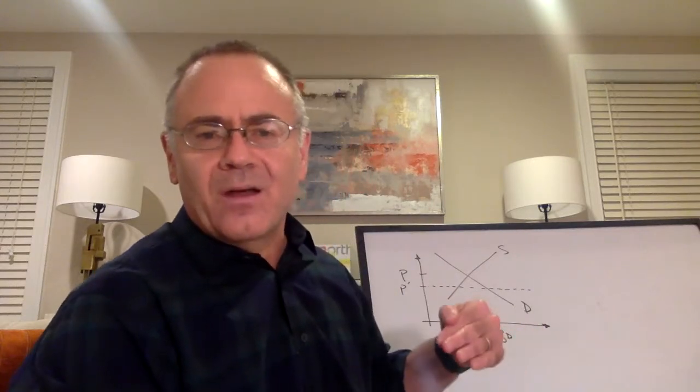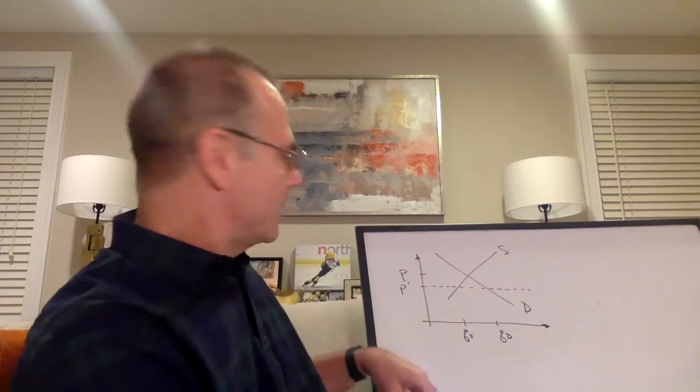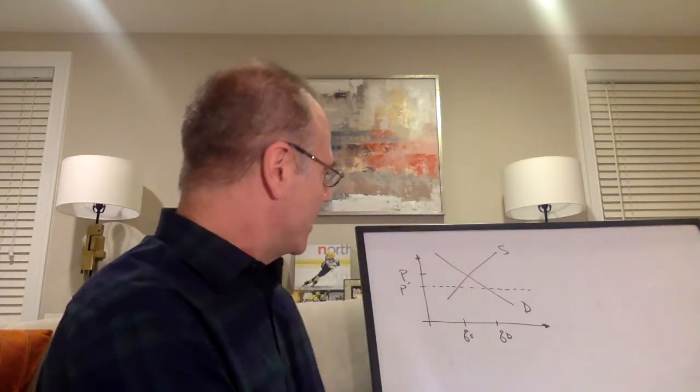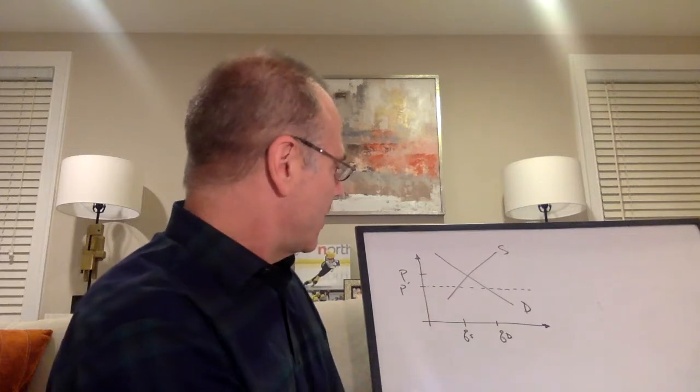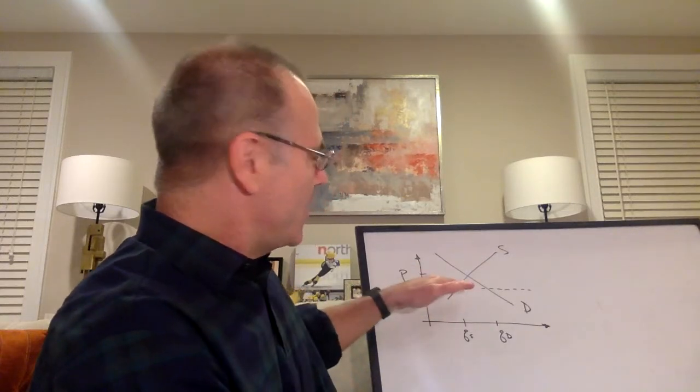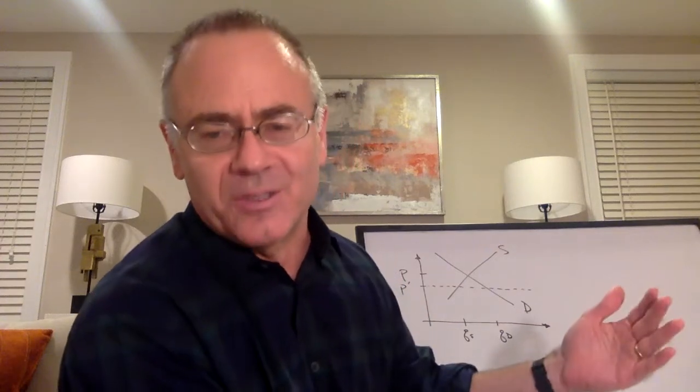Now, one thing we didn't talk about in part B: if you make the price ceiling above the market clearing price, so let's say the current rent for this brand of apartment was $1,000 a month, and you made the price ceiling $1,200 a month. So you can't charge above $1,200.